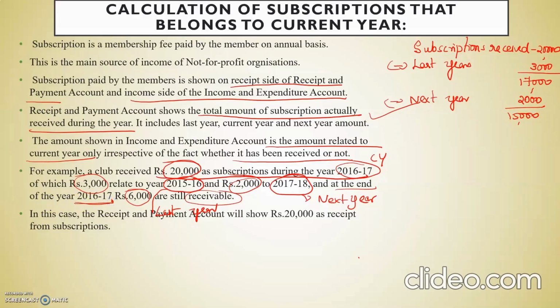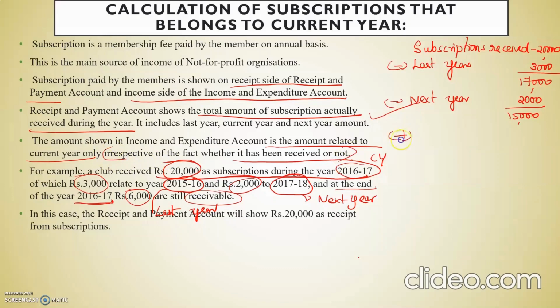Last one, at the end of the year 16-17, 6,000 still receivable. 16-17 is current year. So current year still receivable, not received, but that belongs to current year. Even though we have not received, here the point said, irrespective of fact whether it has been received or not received, so we have to consider it.